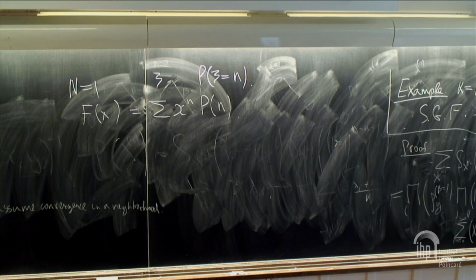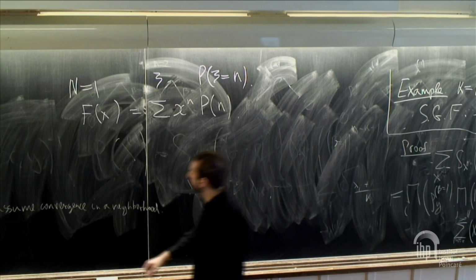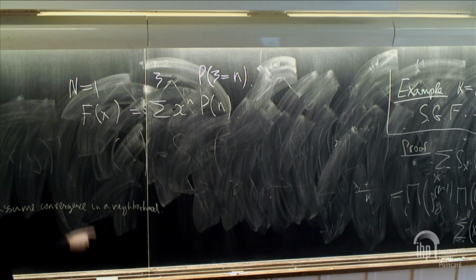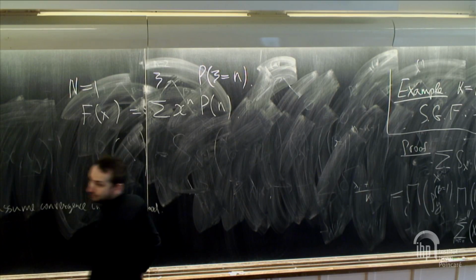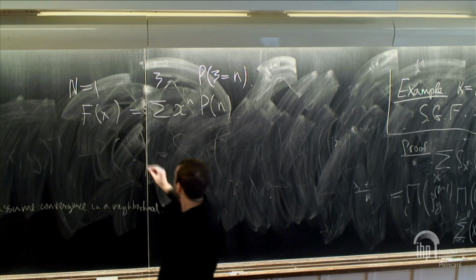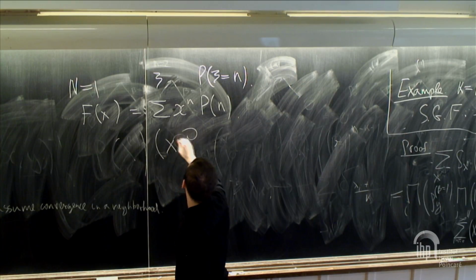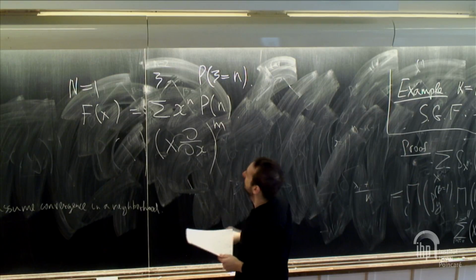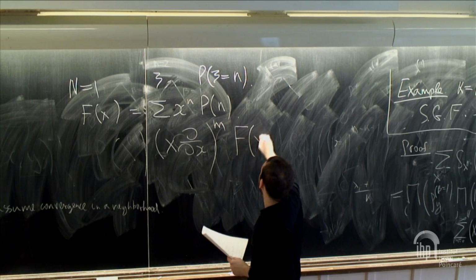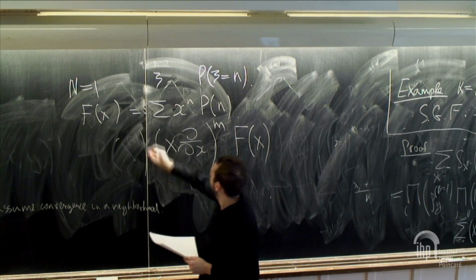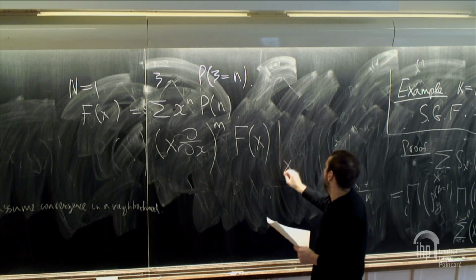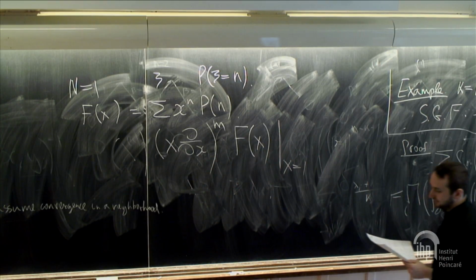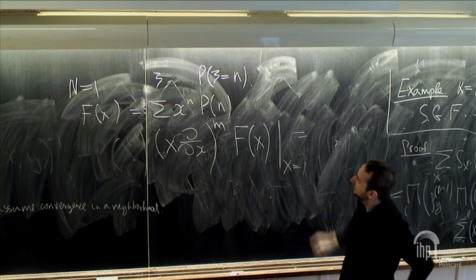OK, and you want to extract some information about xi out of this generating function. Well, then there is a very simple way how to do it. Namely, if you take this function as a function of x, and then you apply to it a differential operator, x d/dx raised to the power m, apply it to your function f of x. And then after applying, you will set x equals to 1. Then what you get? Well, let's see what you get.